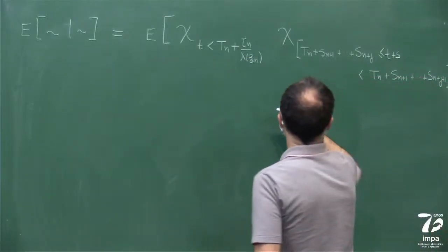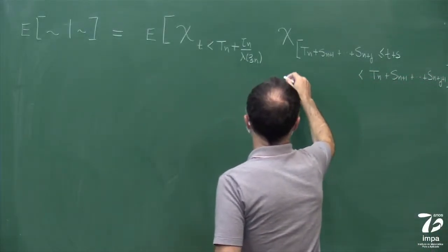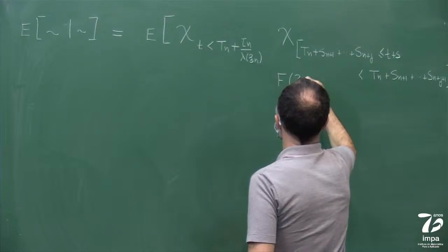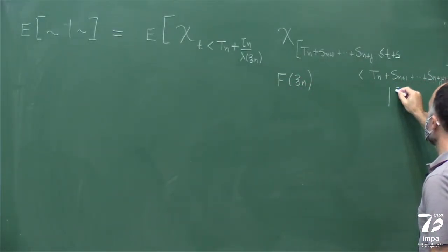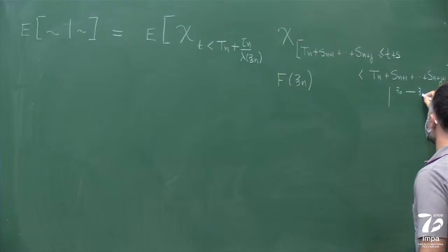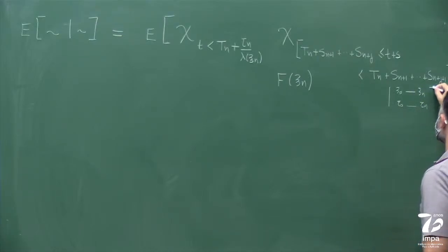Then f of psi n, and this is conditioned on psi 0, psi n, tau 0, tau n.